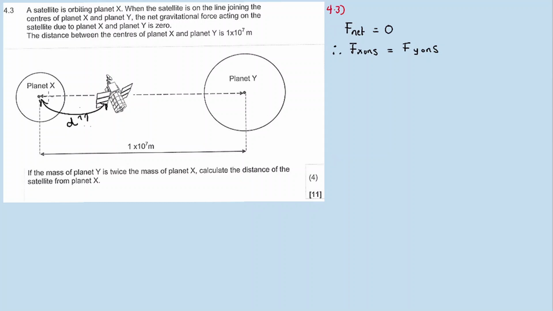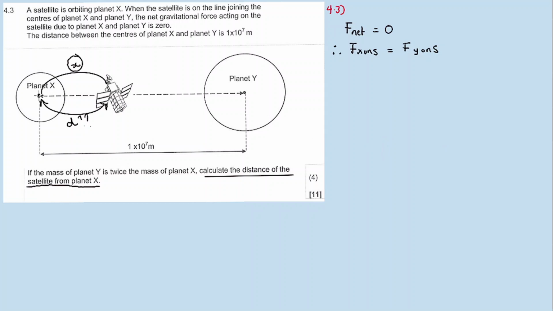Let's say the distance between planet X and the satellite is equal to x. The distance from here to here. It's the unknown distance that we calculate, let's call it x. That's the idea, right?